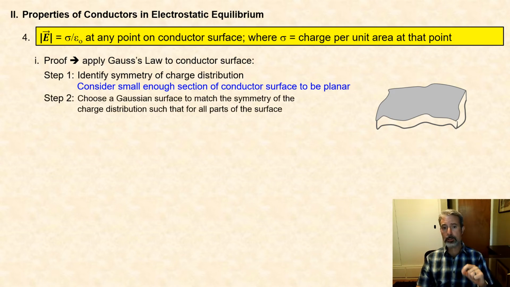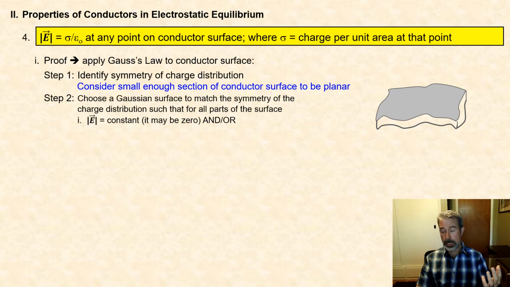The second step in the process is to choose the Gaussian surface to match the symmetry of the charge distribution. As we said previously, when we applied Gauss's law to various charge distributions of high symmetry, for the planar charge distribution the Gaussian surface of choice is the Gaussian pillbox, which is a right circular cylinder that is oriented in a certain way.